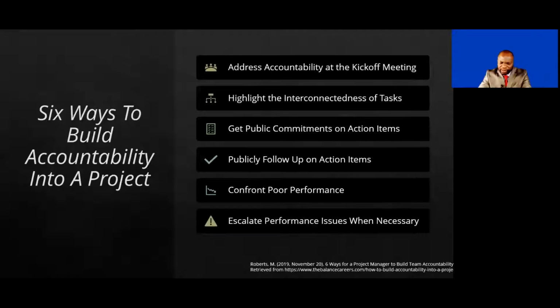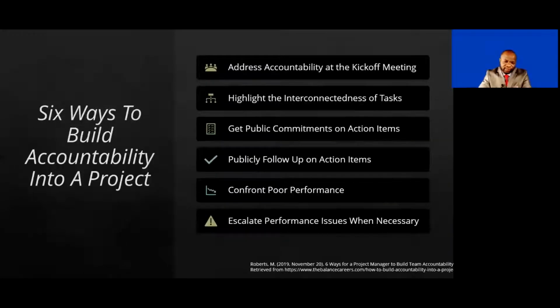Now, as we're going through the people piece, I also want you to remember that not only are we talking about the predictive side of project management, we're also talking about the agile and hybrid sides as well. You need to think this all the way through. So in the world of agile, when we talk about people, while the project manager is in the center of predictive, in agile, you've got to remember that it's really more team focused, and it's really more of the team being accountable for itself.